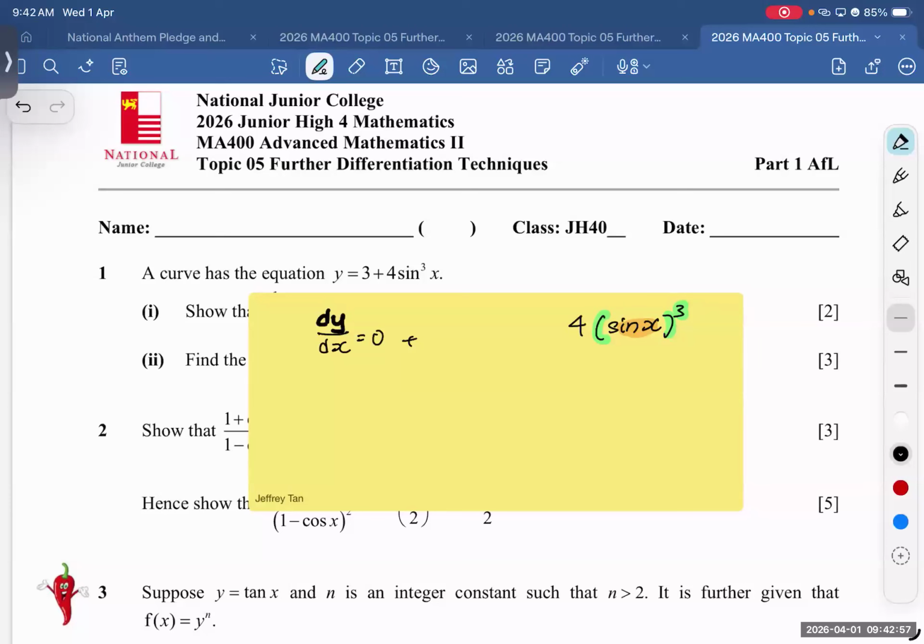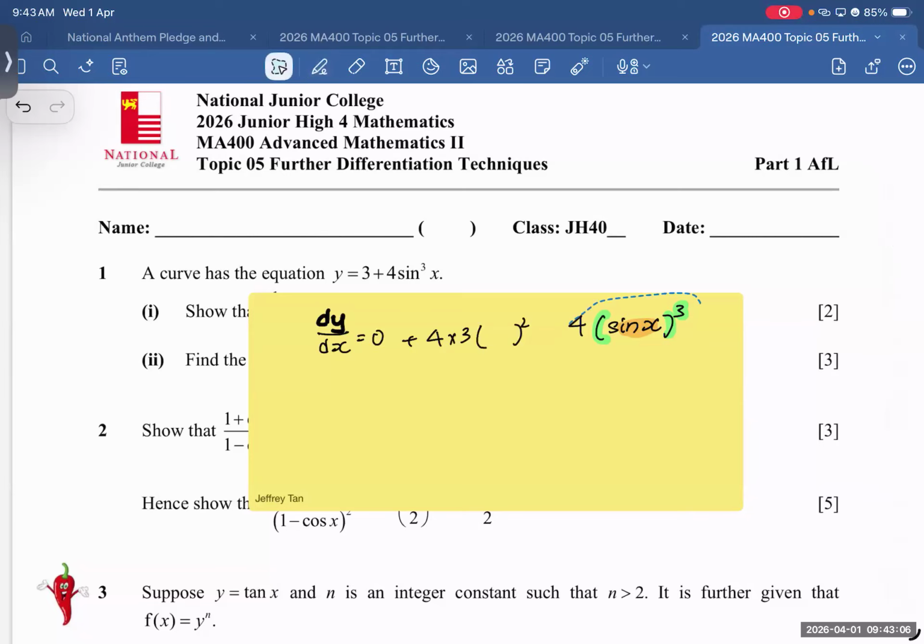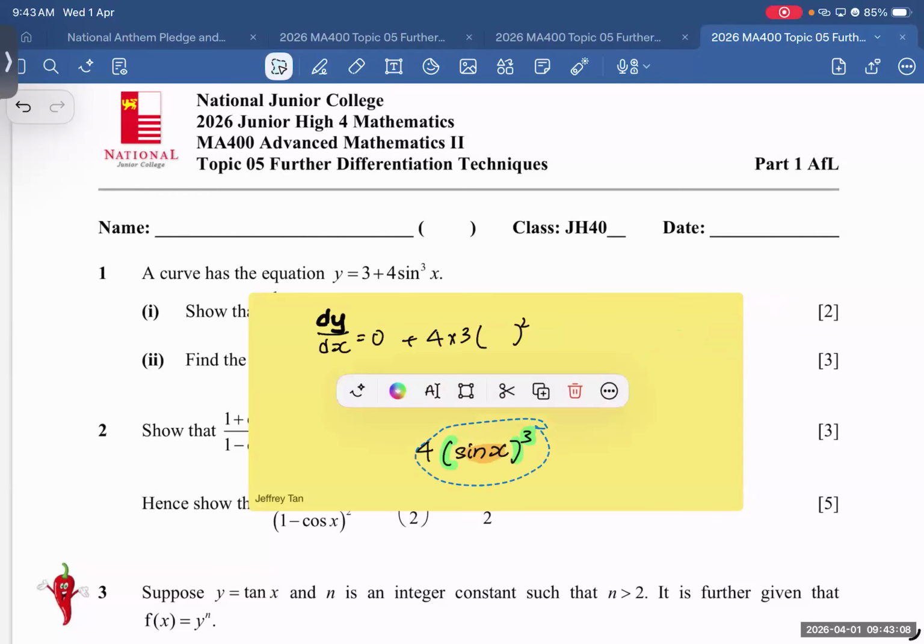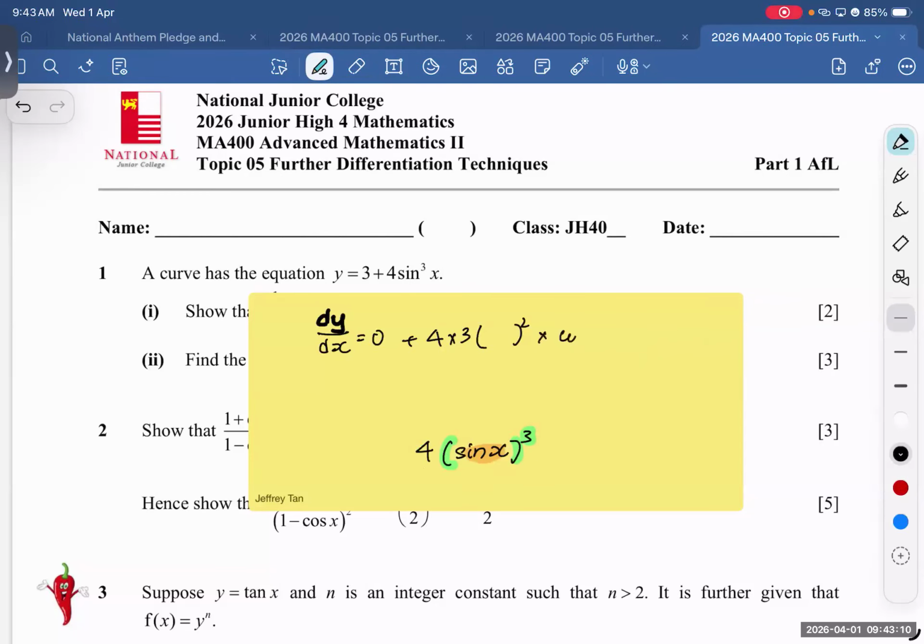Differentiate the outer layer, you get 4 times 3 power 2, like that. Differentiate the inner layer, sine is cosine, correct? So it's cosine x. So you get 12 cosine x multiplied by sine square x easily. Okay?